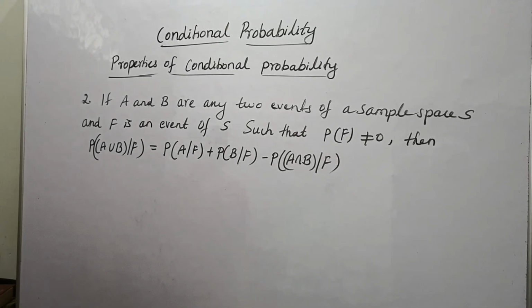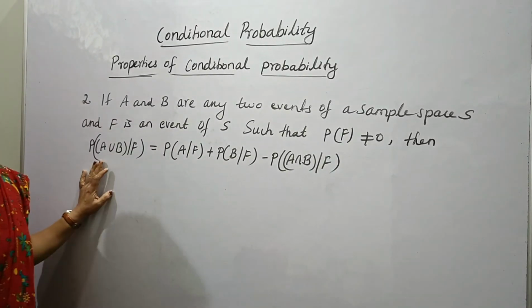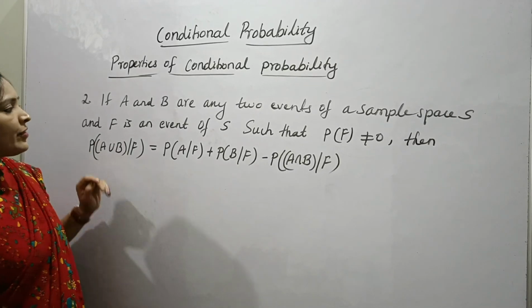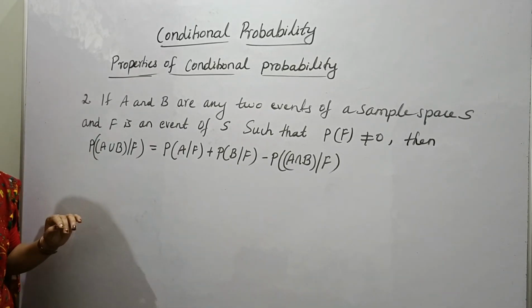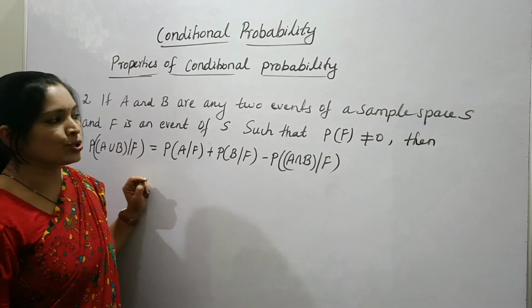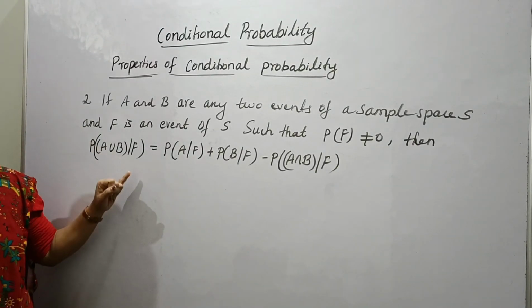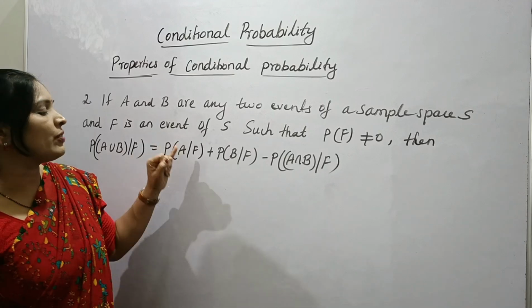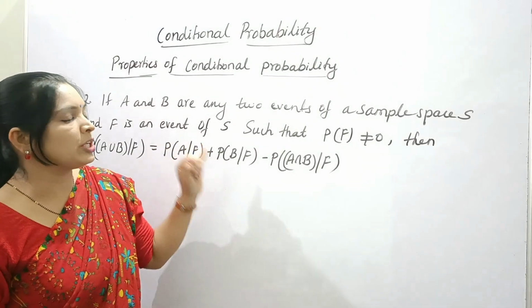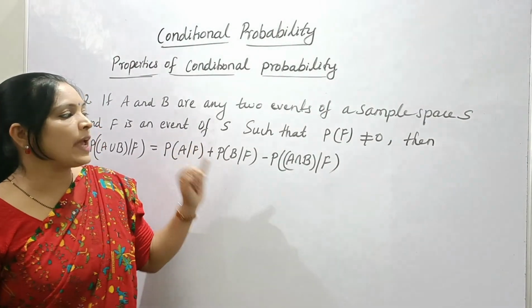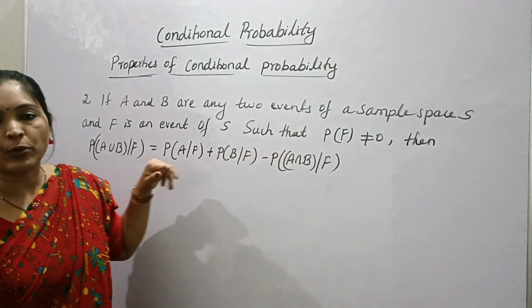Second property, if A and B are any two events of a sample space S and F is an event of S such that probability of F not equal to 0, then probability of A union B given F is equal to probability of A given F plus probability of B given F minus probability of A intersection B given F. It's very important.